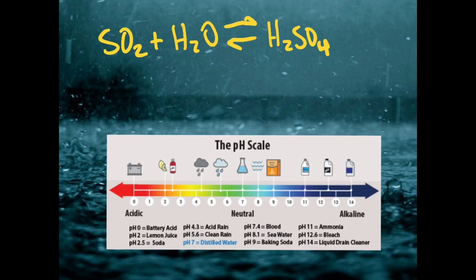So if we were looking back at our pH chart here, if neutral water is a pH of 7, or what we talked about with carbonic acid, if that was a pH of around 5.6, our acid rain produced by the production of this sulfuric acid is about a pH of 4.3.